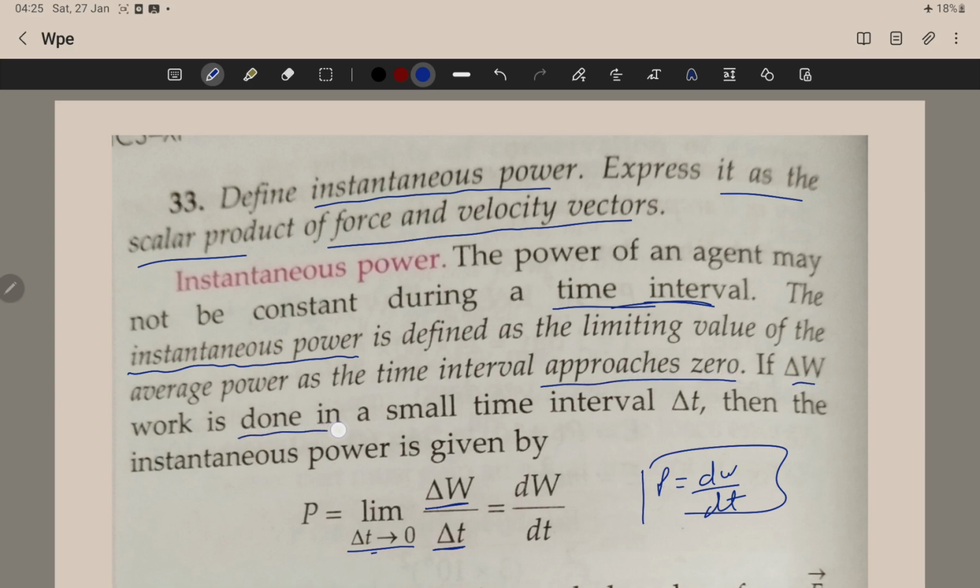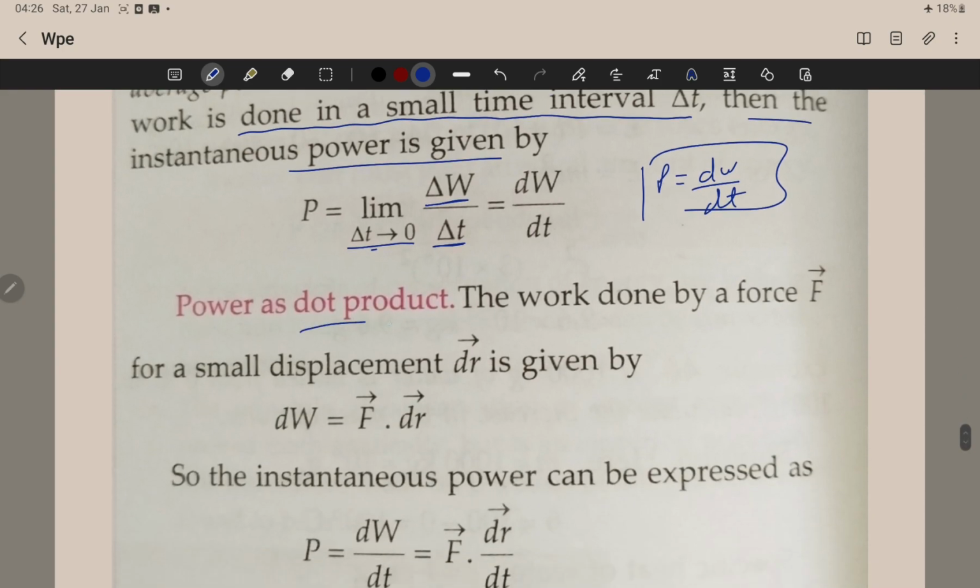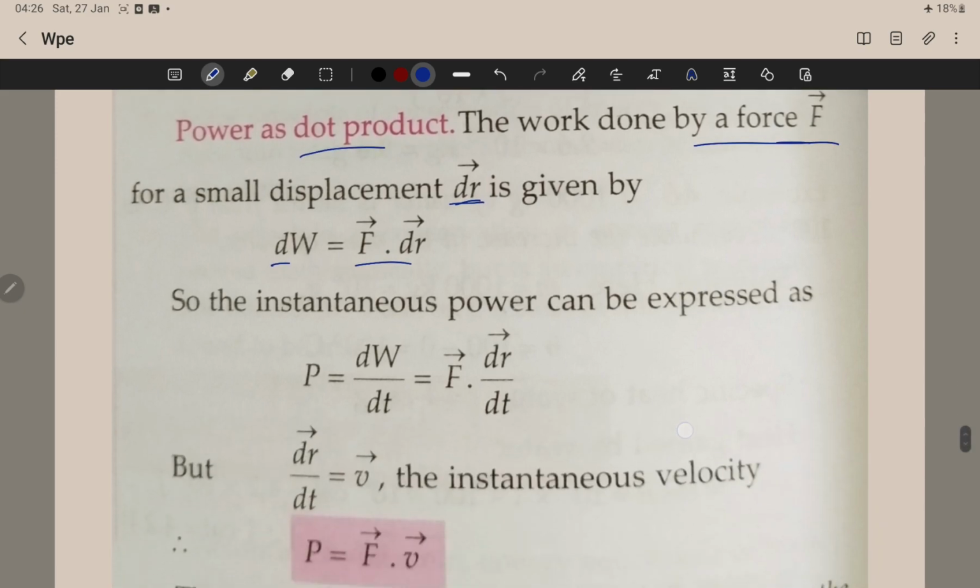The delta W is the work done in a small time interval delta t. Then the instantaneous power is given by this. Now power as a dot product. For a small displacement dr, the small work done is equal to force into the small displacement. We know power is equal to dW by dt. If we put this value here, we get F dot dr by dt, and dr by dt is the velocity, the displacement by time.